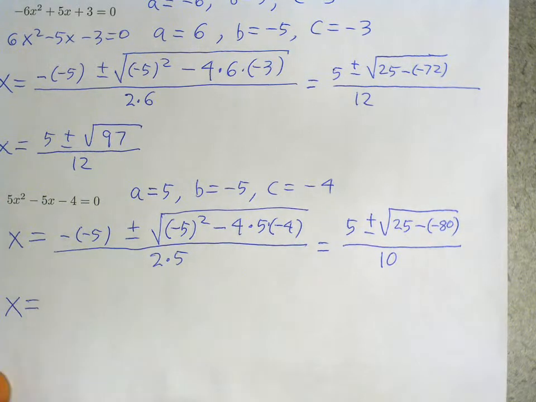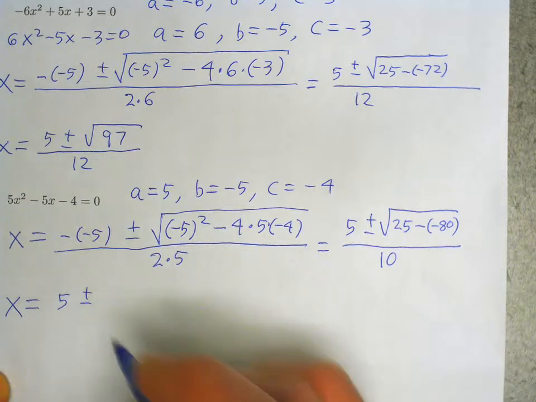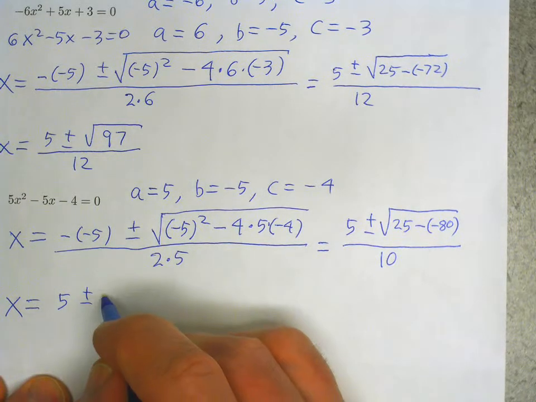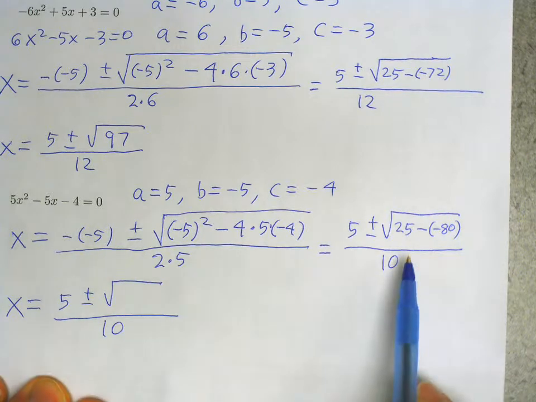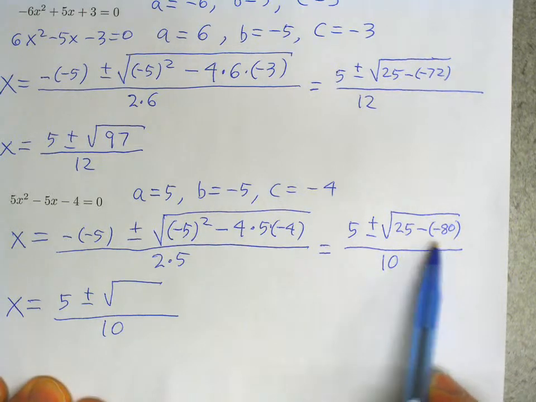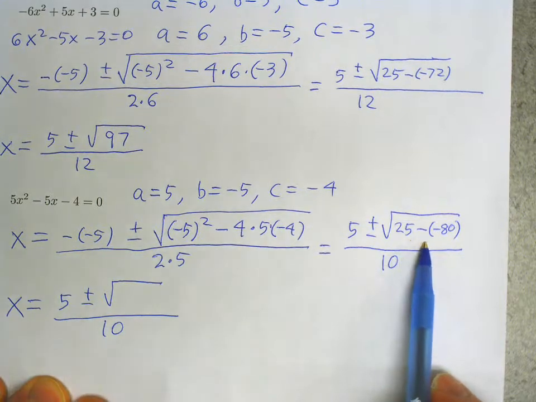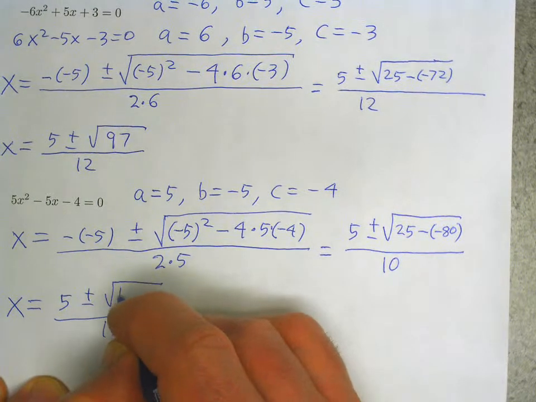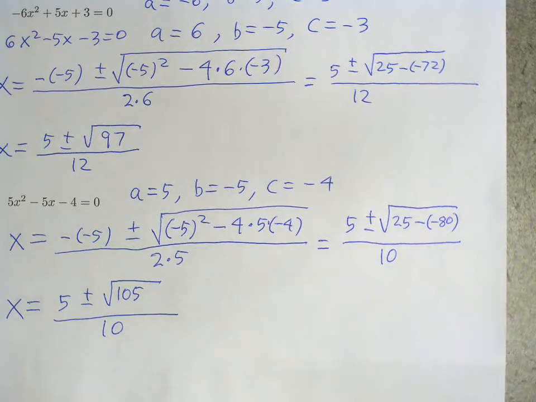Okay, so we get x equals 5 plus and minus the square root of 105. 25 minus negative 80 is the same as 25 plus 80, which is 105. Okay, the square root of 105 cannot be simplified any further, so this is as far as we take it.